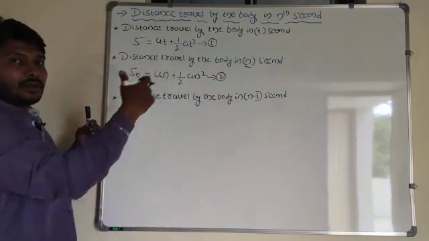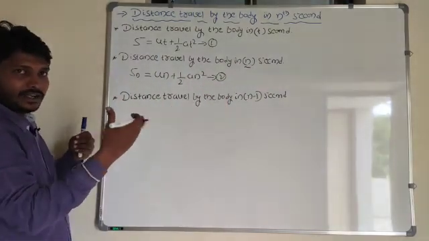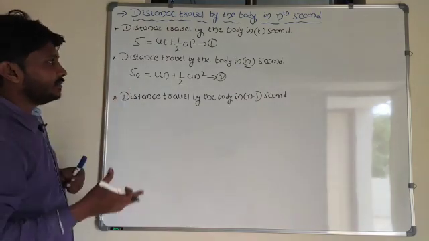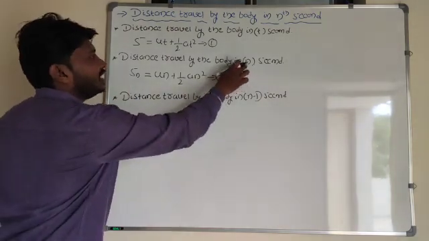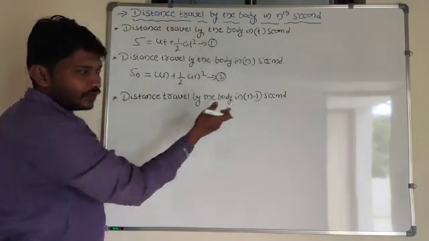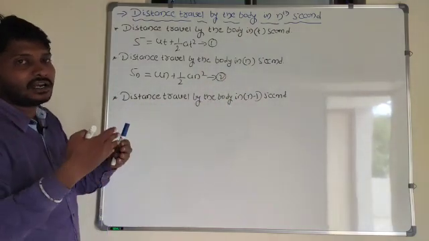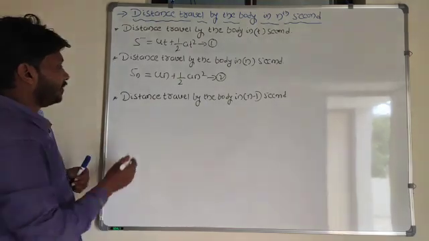I took the example 4 seconds minus 3 seconds, so I will get the distance traveled by the body in the 4th second. In the similar manner, n seconds and n minus 1 seconds, 100 seconds minus 99 seconds, I will get the distance traveled in that particular time.